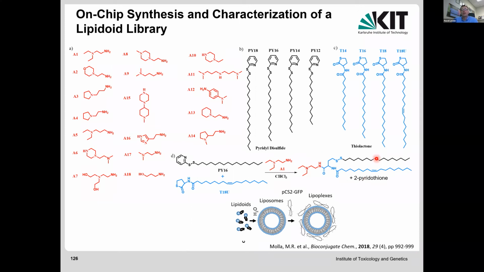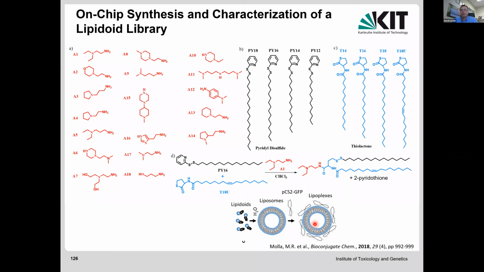And these lipids self-assemble into liposomes in water. Because of the positively charged head groups, these liposomes can complex DNA or nucleic acids, RNA molecules, to form so-called lipoplexes. And such lipoplexes can then deliver this nucleic acid into the cell. This is a process of cell transfection or gene delivery, which is important for biology, or also for gene therapy.